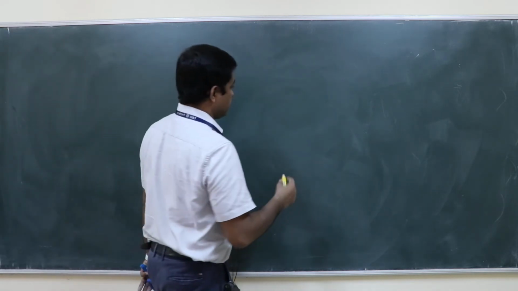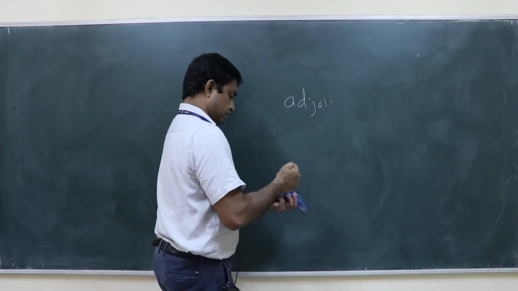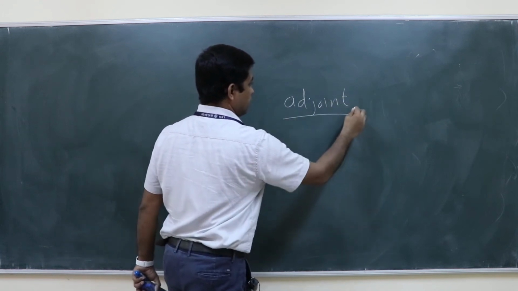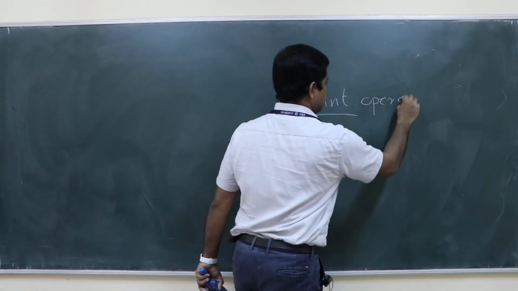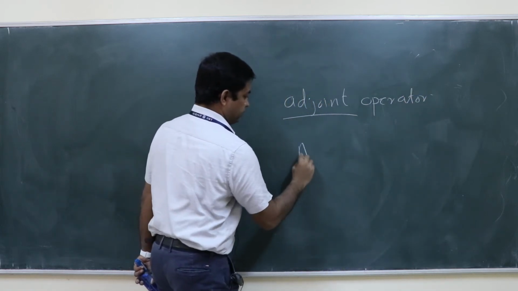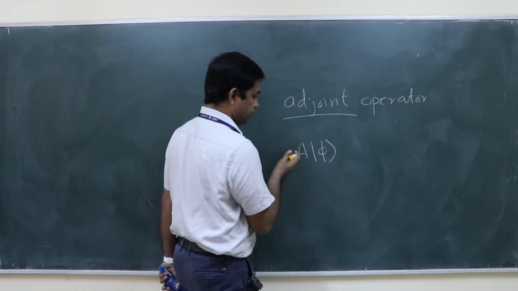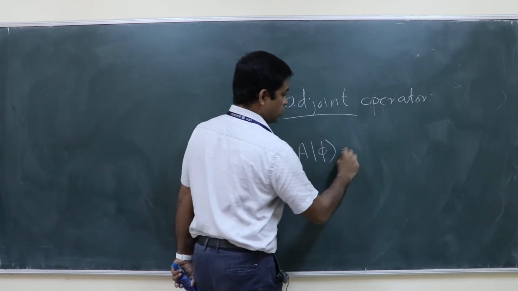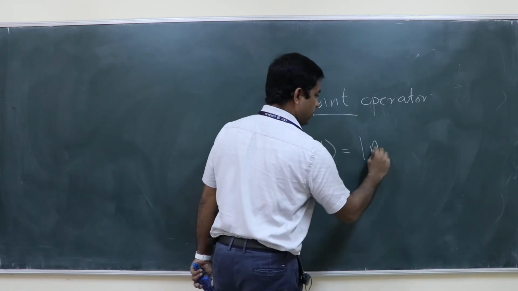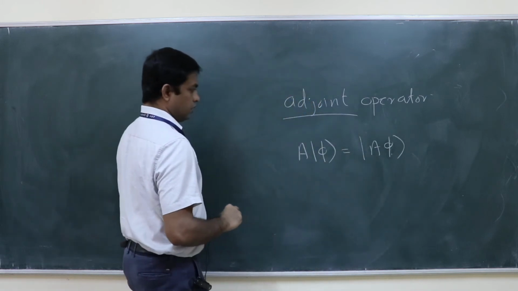Now coming back to the adjoint operators. There is an operator A acting on phi. Obviously phi is a vector in the domain of A. This gives you some vector, which I denote as A phi.